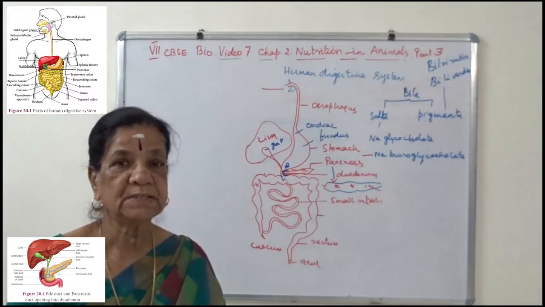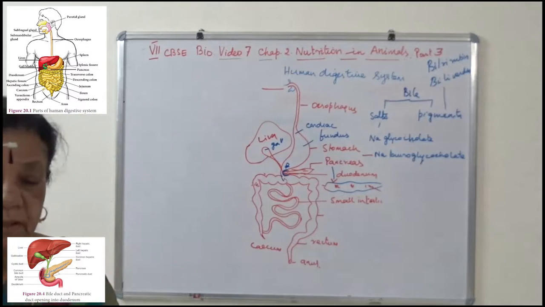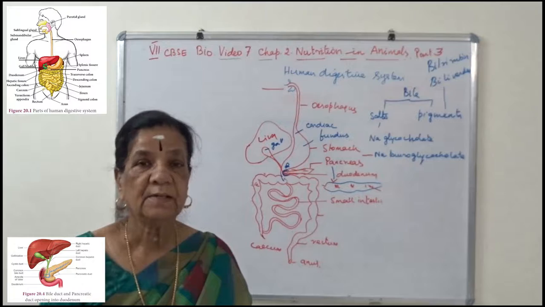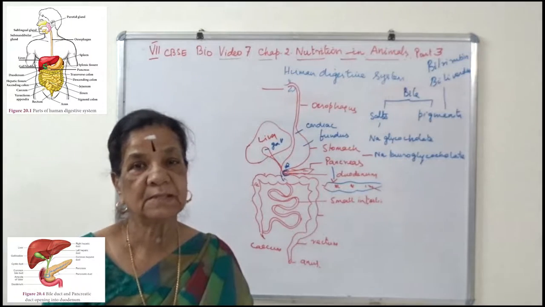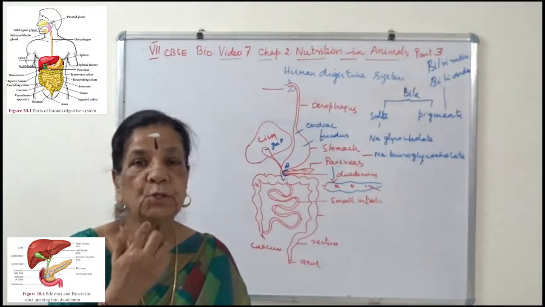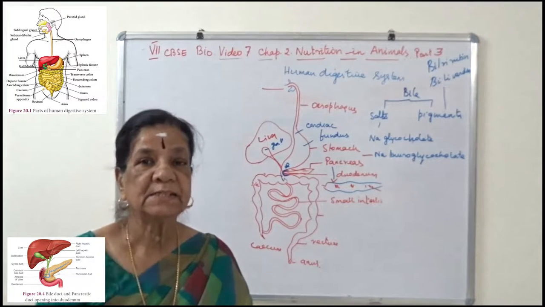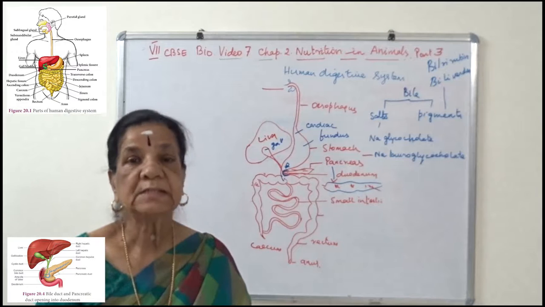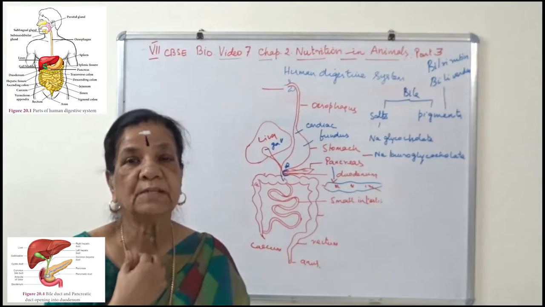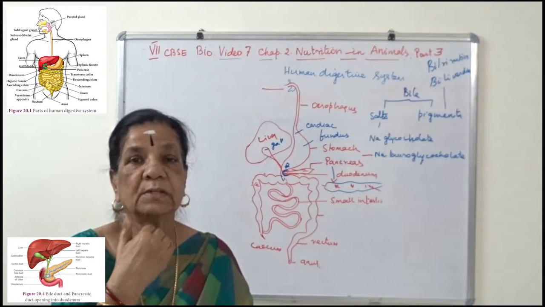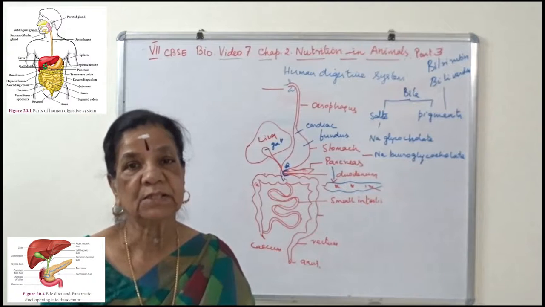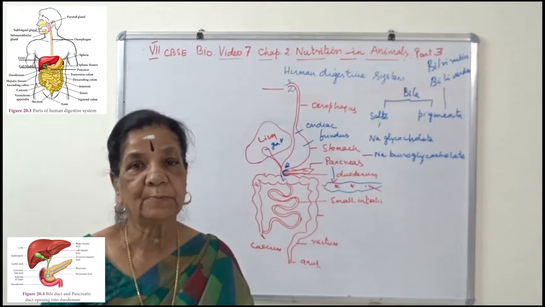I hope you remember this. Then the muscular tongue, a fleshy muscular tongue with taste buds. What is the frenulum? Frenulum is a thin fold of skin attaching the tongue to the floor of the buccal cavity. That is called frenulum.